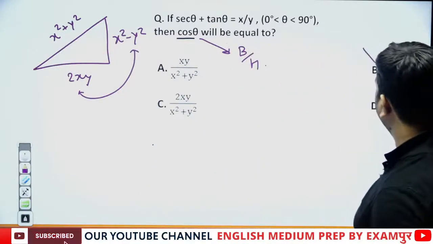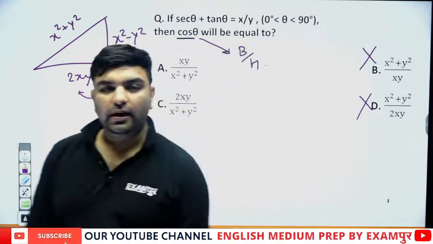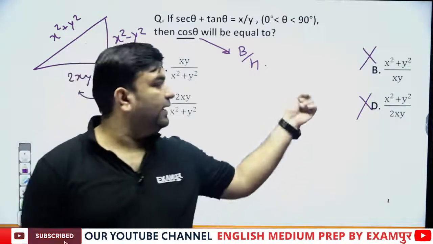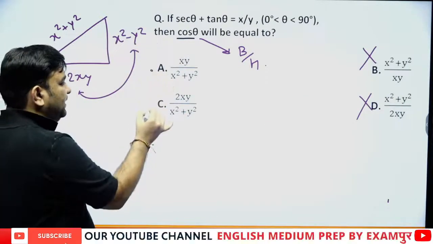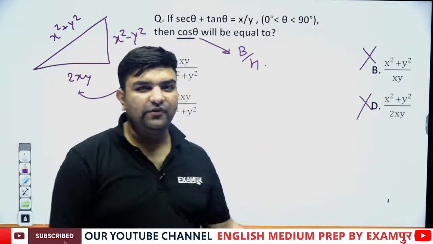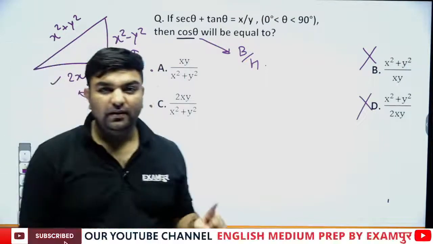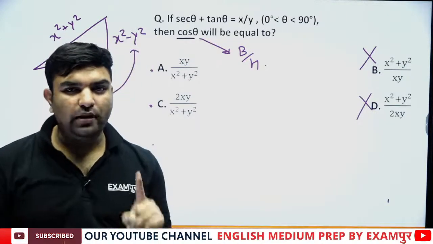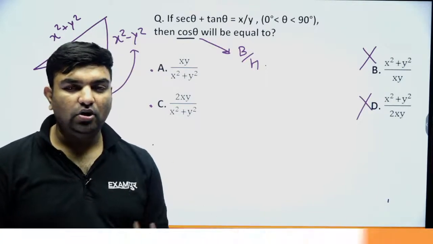Here it is coming in the numerator, gone. Here it is coming in the numerator, gone. In these two options, it is coming in the denominator. But the triplet of x square plus y square has 2xy as the other side, not xy.